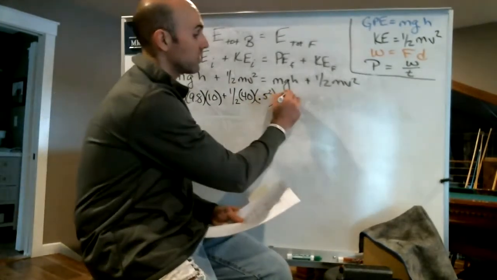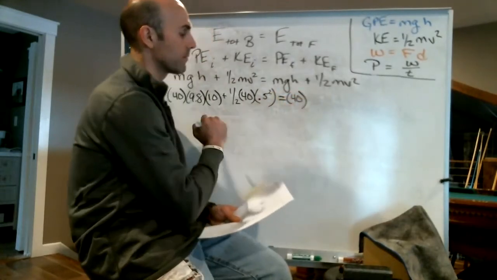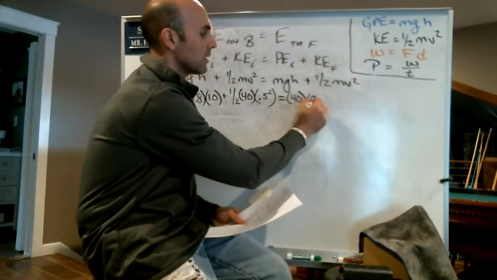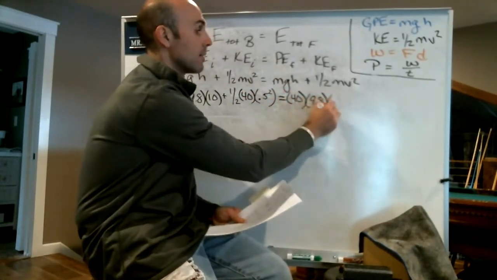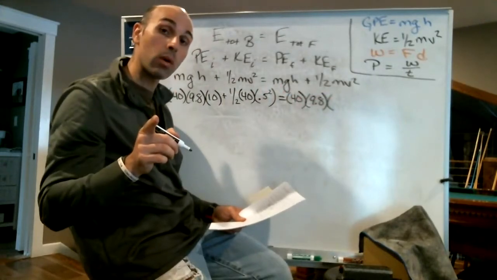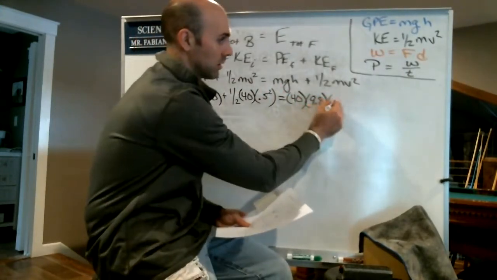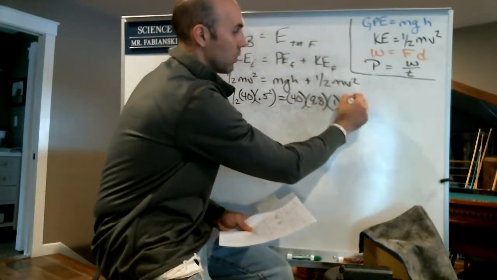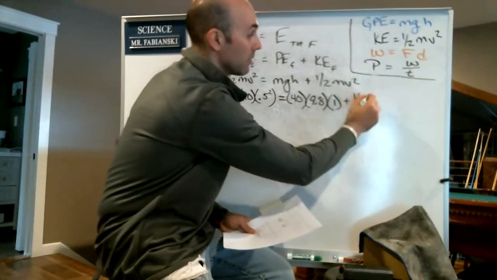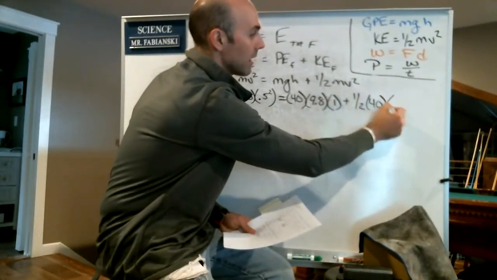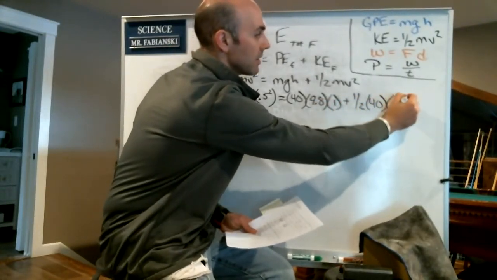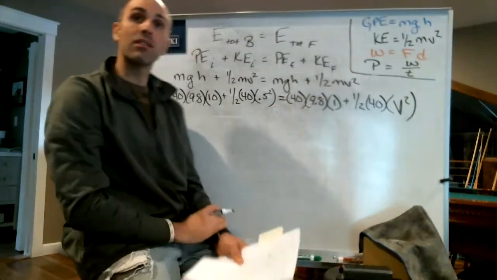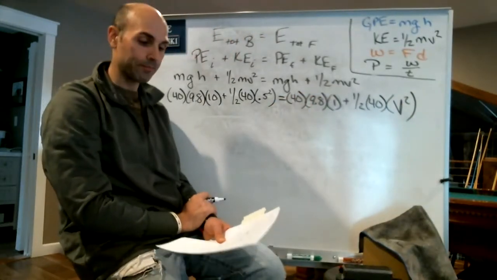No. So it's still 40. My gravity, 9.8. My new height, very important, 1. Plus 1/2 constant, my mass, times my velocity squared, and that is the velocity that we are looking for.